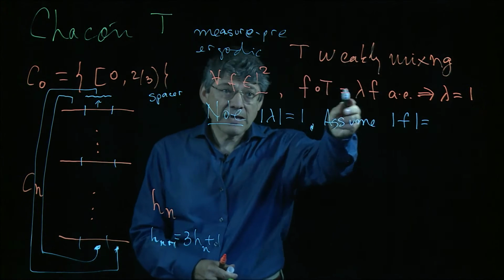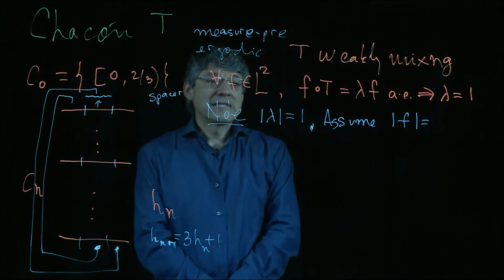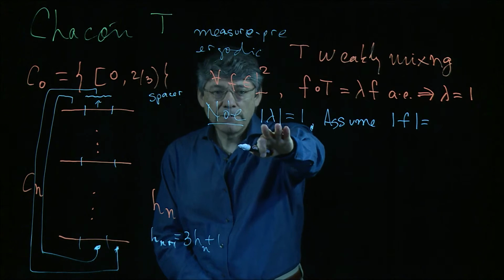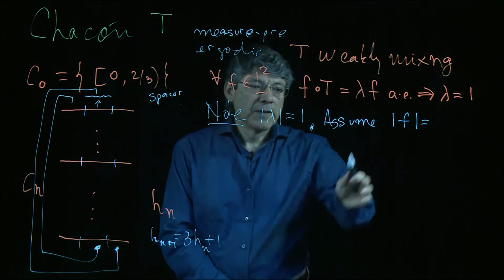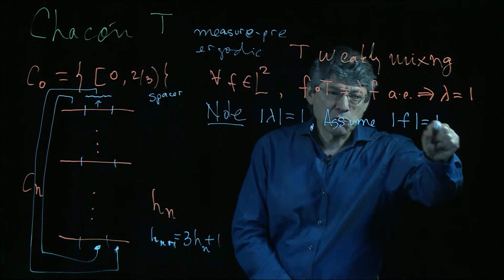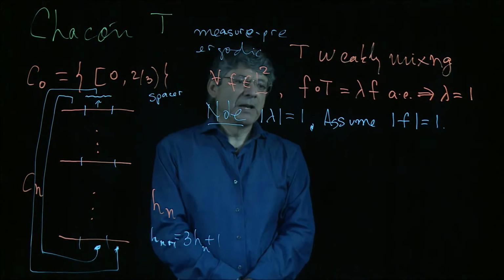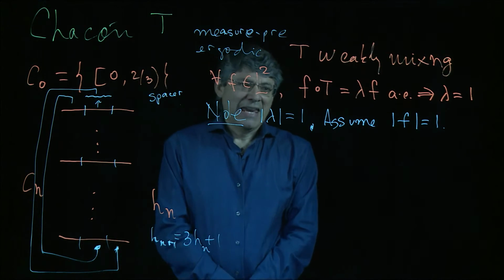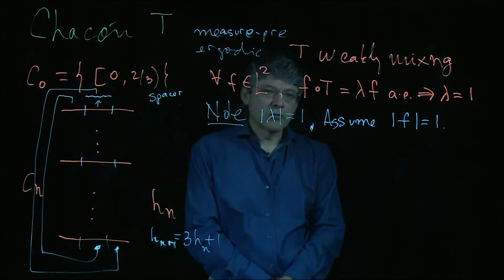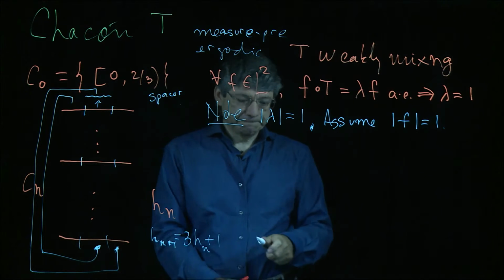It follows that it has to have constant modulus because T is ergodic. Since T is ergodic, one can verify that the modulus of f is constant, and we can assume this modulus is 1, just for definiteness. So we can just consider complex valued functions whose values are in the unit circle.